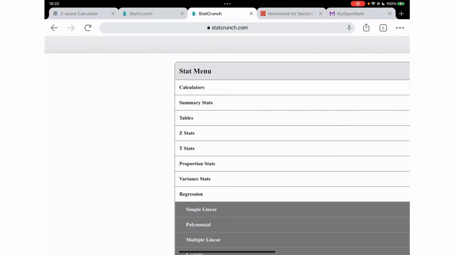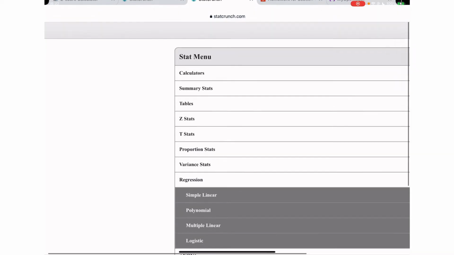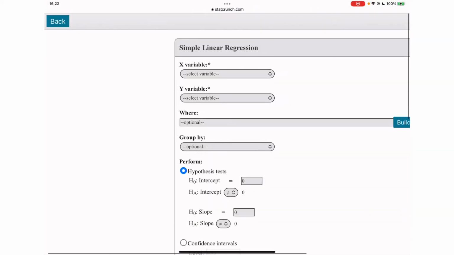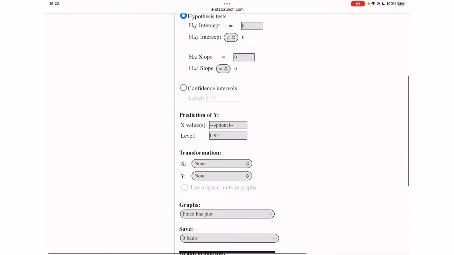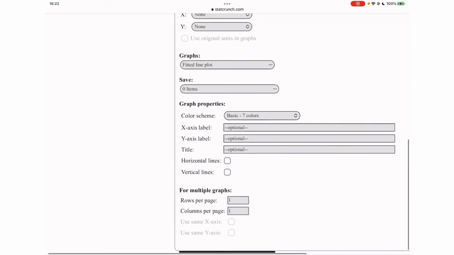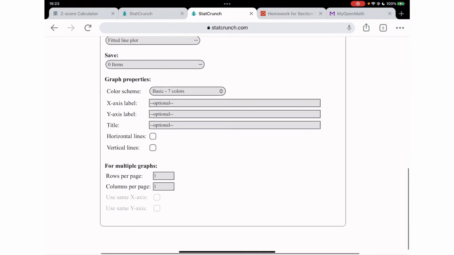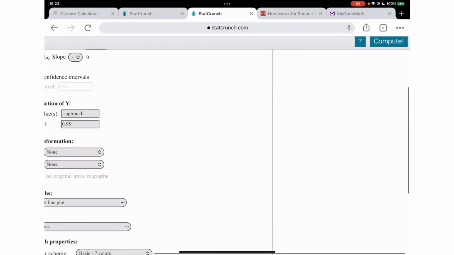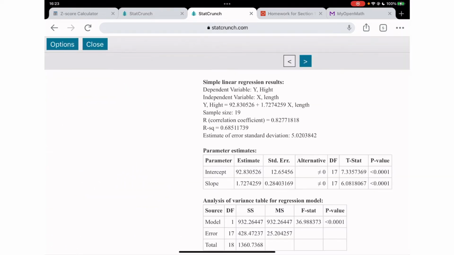Stat. We click regression and simple linear. So the x variable is going to be our length, y is going to be our height. And I think we have it, so we click calculate, compute.